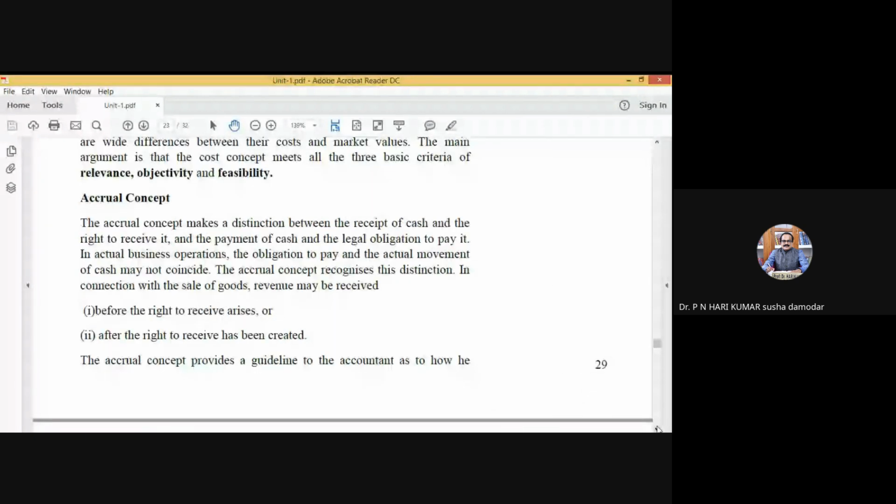Accrual concept. In accounting, we consider the accrual. Say for example, your salary is 1 lakh. During a particular month, a daily allowance, DA, of 10% is declared by the government.